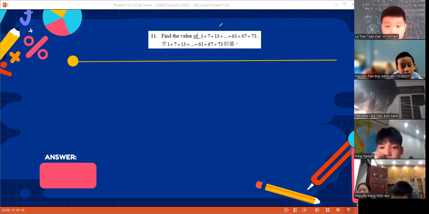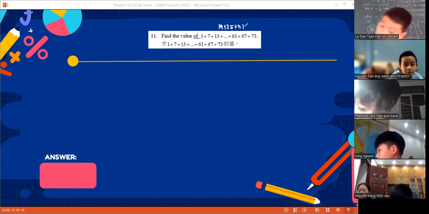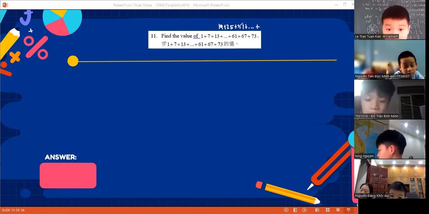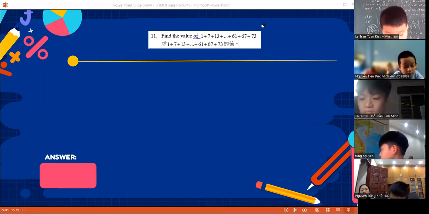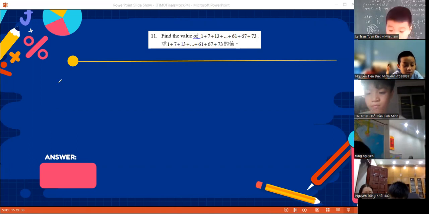The skip count is 6, right? So 19 plus 25 plus 31, so on and so forth, right? That's the meaning of your ellipsis. So what did I tell you last time? You can solve for the sum.